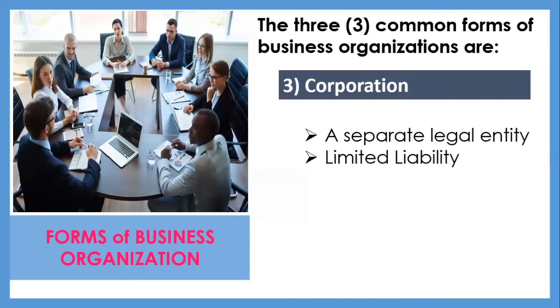This means, for example, that from an income tax perspective, a corporation files its own tax return, and the owners or shareholders of a corporation are not responsible for the corporation's debts, so they have limited liability, meaning that the most they can lose is what they invested in the corporation.